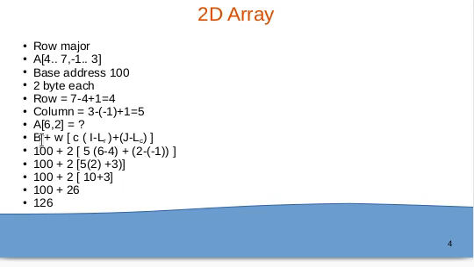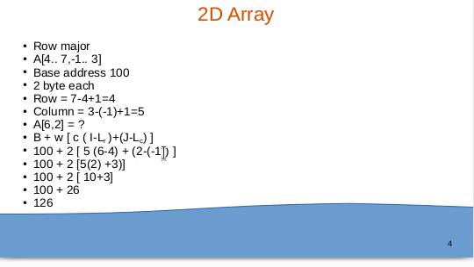Now we have to calculate the address of 6th row, 2nd column. This is row major order, so we first consider the number of columns here. So number of columns into how many rows it has passed up to this, so 6 minus 4, and then the number of columns left, that is 2 minus minus 1.